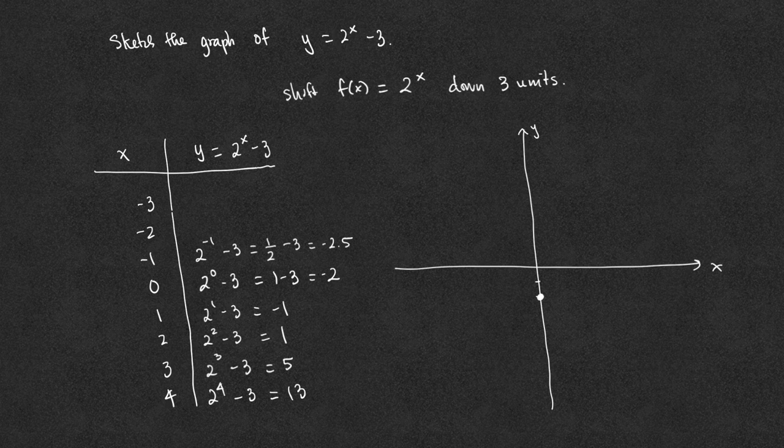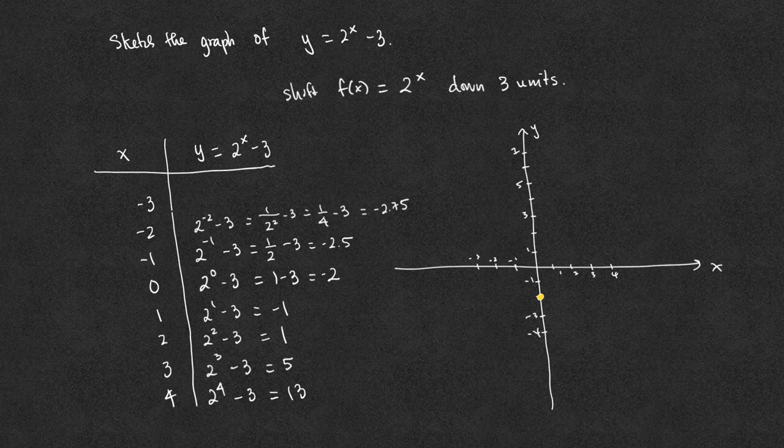And then negative 2 plugged into x, 2 to the negative 2 minus 3 is 1 over 2 squared minus 3. And so this is 1/4 minus 3. A quarter minus 3 is negative 2.75. And so on.